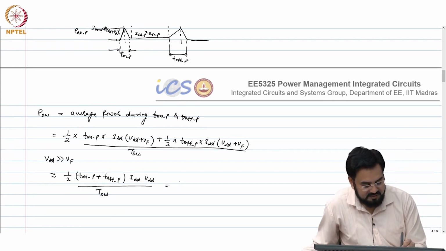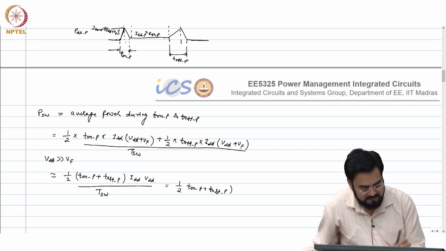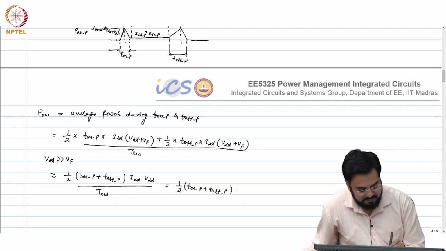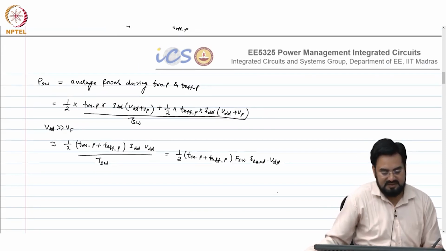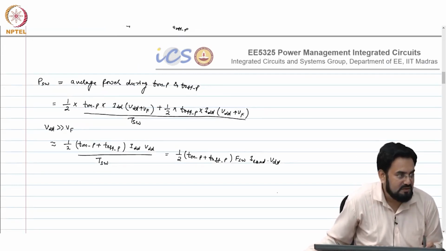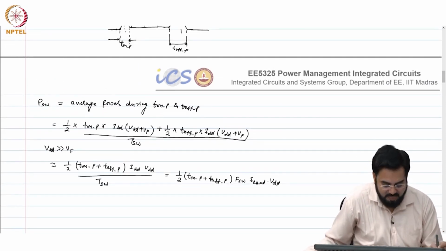You can also write this I load, okay, because IDD is nothing but I load if you ignore the ripple.